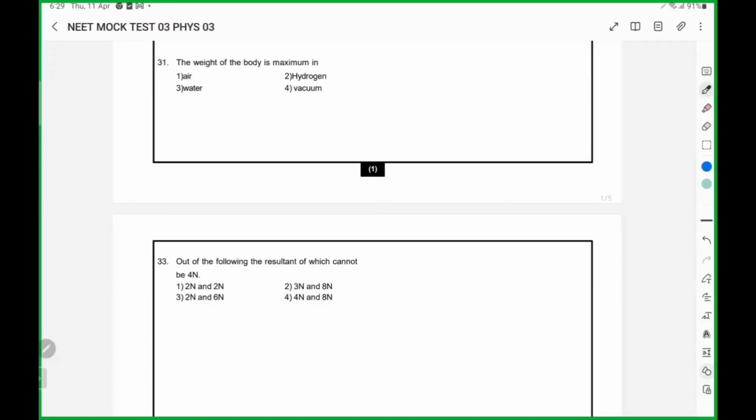The weight of the body is maximum in which medium: air, water, hydrogen, or vacuum?